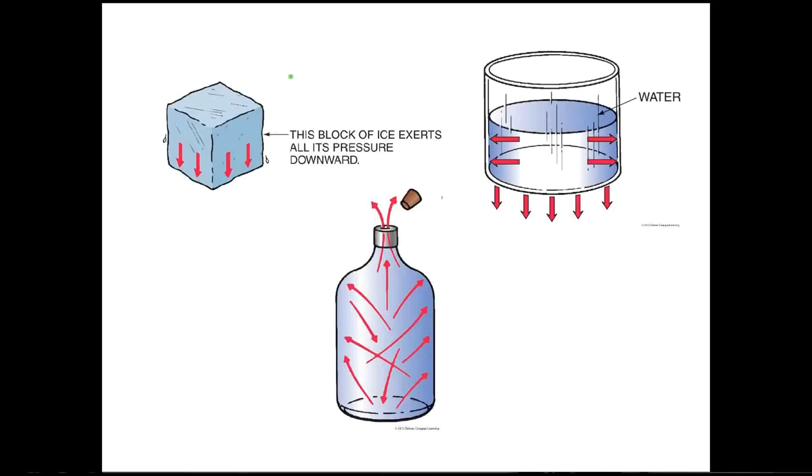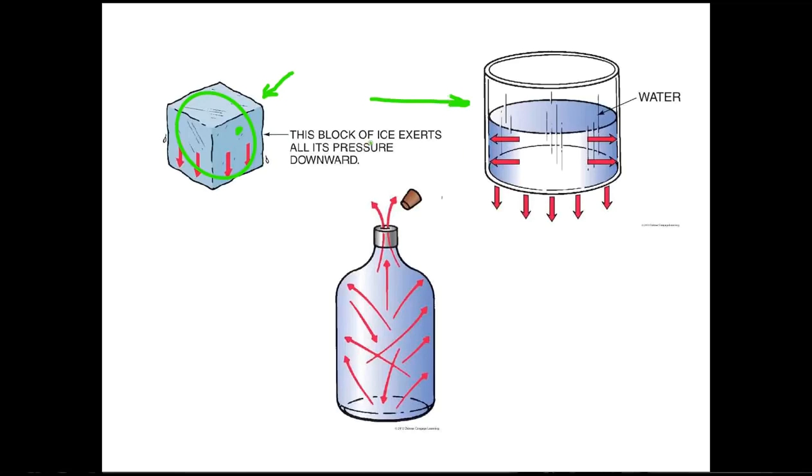For example, this block of ice at 32 degrees does have molecules in motion, but they're pretty much bonded together and they're not moving very much. They're just sitting here pretty; while they are moving, they are not bouncing into each other too much. They're more or less bound together. And that's what gives ice its solid form. And as we start to add heat to the ice and it begins to melt, the molecules begin to move a little bit faster.